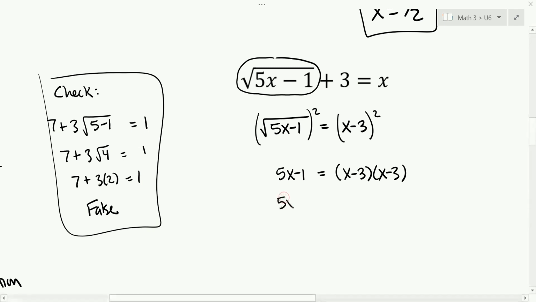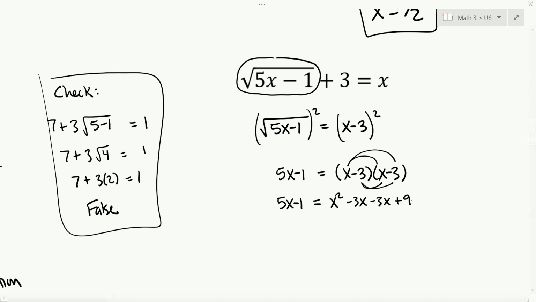So let's do that. We get 5x minus 1 is x times x, which is x squared, x times negative 3, negative 3 times x, and negative 3 times negative 3. Okay? So now we've got a quadratic on our hands, and so we have to handle this a little differently, use some of the quadratic methods to solve this, which is typically we make this equal to 0 and hope it factors. If it doesn't factor, we use the quadratic formula.